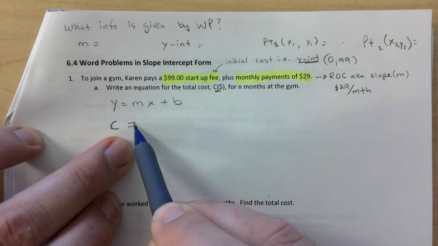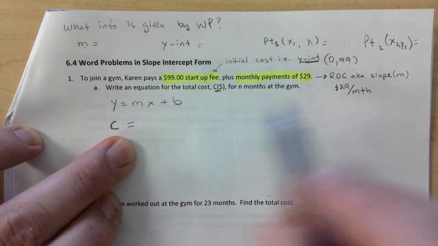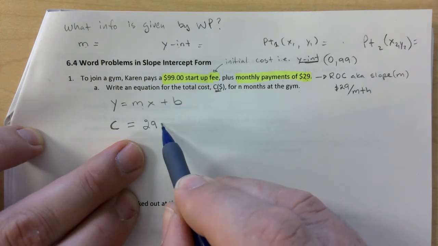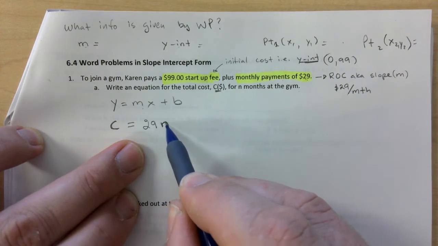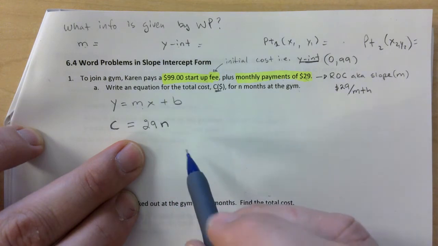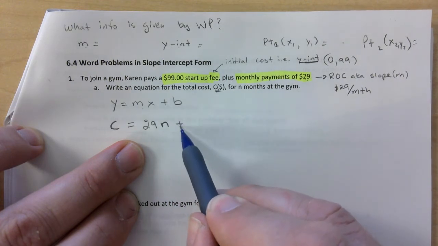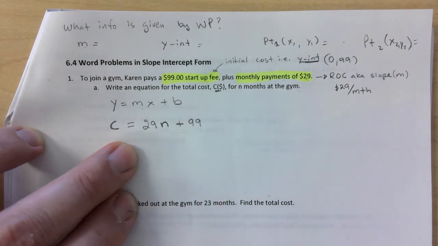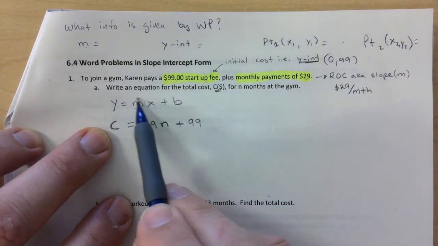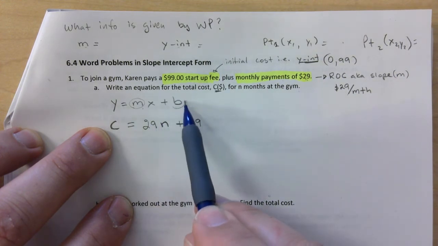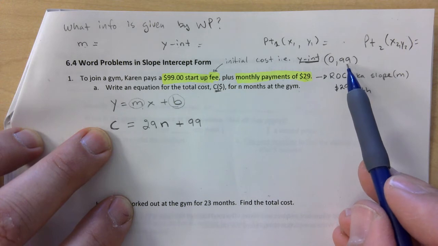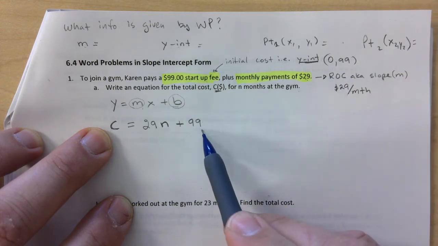Cost is equal to the rate of change, which is $29, times n, because that's the number of months, plus 99. Because remember, this is your slope, and this is your y-intercept, which is the $99, so b is 99.